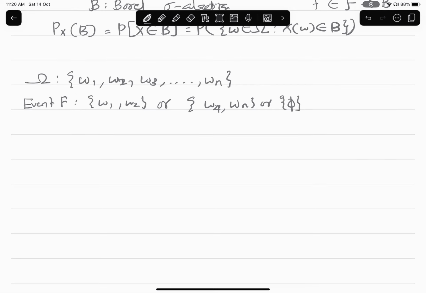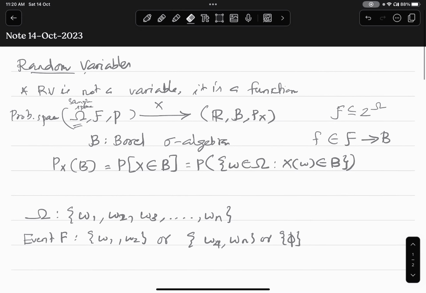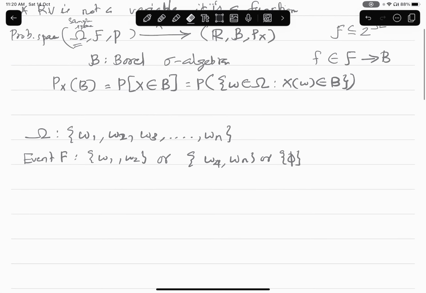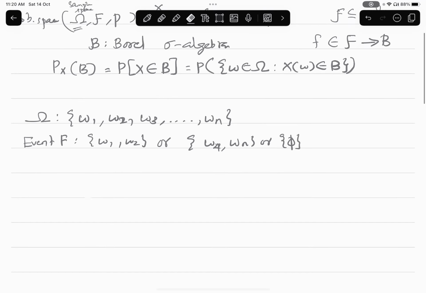Just before that, while we are transforming the space to the real space, Ω is getting transformed into R. We are mapping it to the real line. So ideally we should have 2 raised to R as the transformation of F. But this is too big a space to consider.